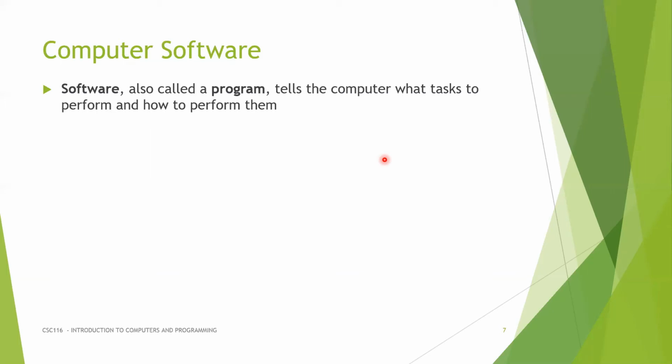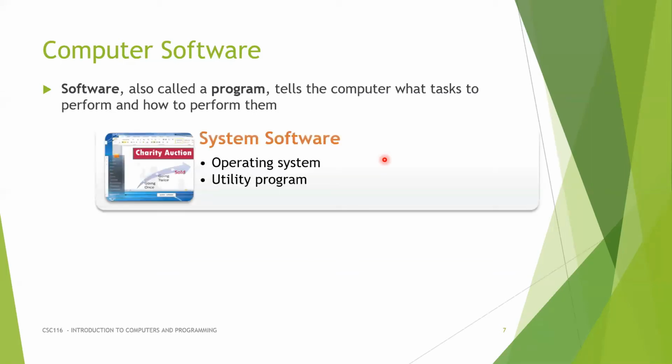Tak boleh, sebab semua benda untuk bercakap dengan komputer, we need a middleman macam saya cakap tadi. So kalau dalam case yang in the main kita adalah computer software. Okay, sebab computer software saja yang boleh bagi tahu komputer what task to perform and how to perform them.